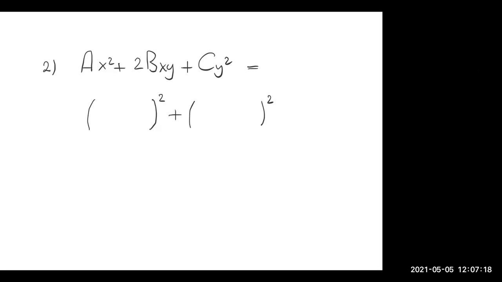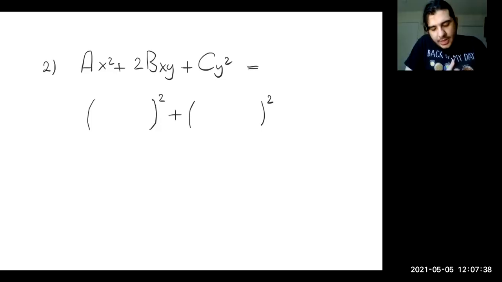No, I wrote it wrong. I meant a times x plus b over a times y, and then all that squared. Just like in the second derivative test for functions of two variables. That's my motivation for it. So what would be inside the first parentheses?